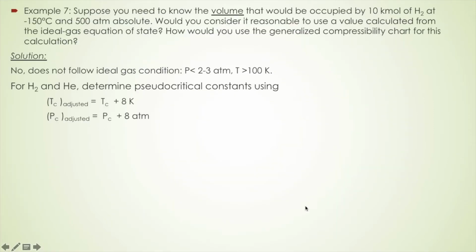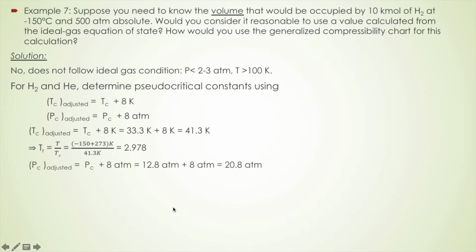We have calculated the reduced pressure, which is 24. 24 is very big. Use Figure 5.4-4, which is for pressures in the range from 0 to 40, and look for 24, which is close to 25.